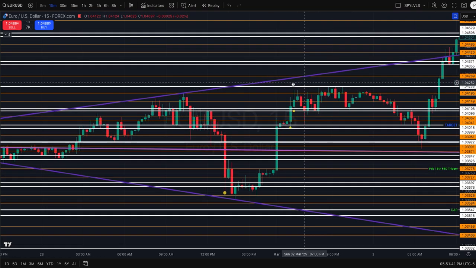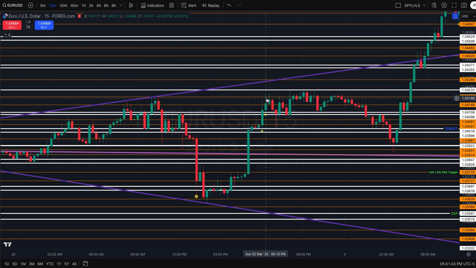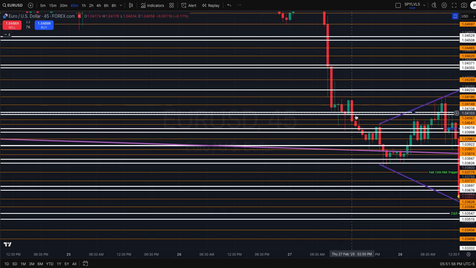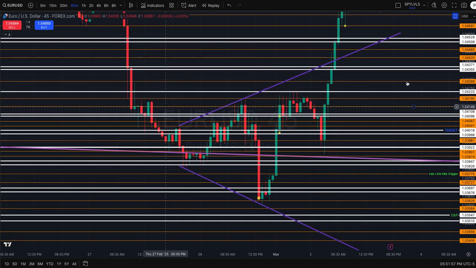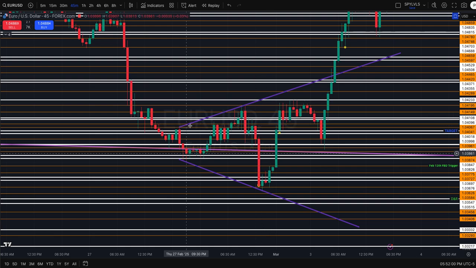And then since we got there overnight, we really just went back and forth between these levels. There wasn't much actionable going on. So I'm going to consolidate this to a 45-minute chart just to make it a little cleaner. And I want to point out, I also noticed a potential megaphone or a broadening formation happening.